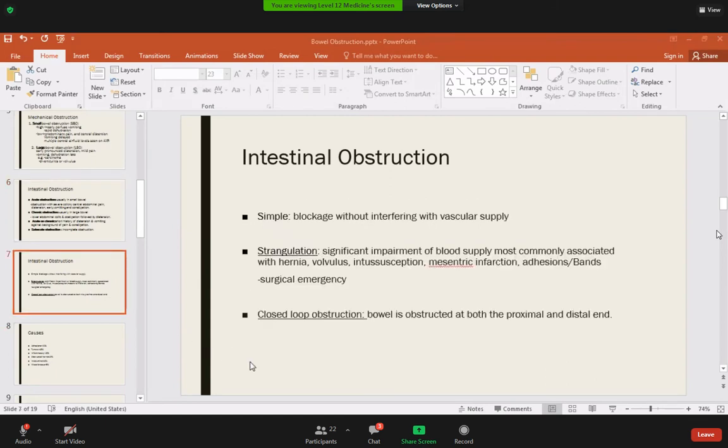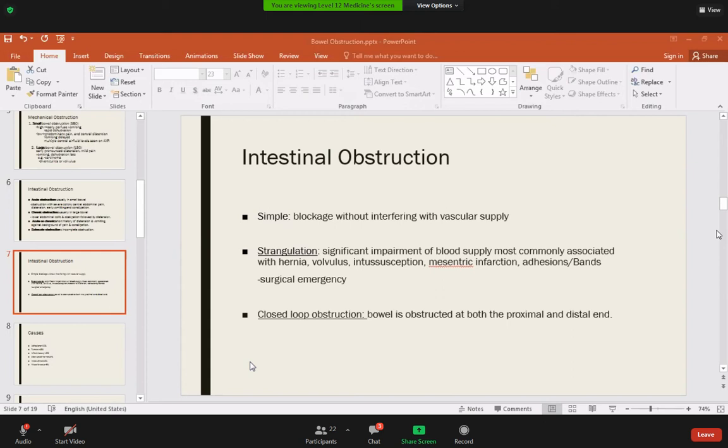If we talk about the pathophysiological classification, the obstruction can be simple, or it can be strangulated, or there is another element which is called closed loop obstruction. Simple obstruction means that there is blockage, but it is not interfering with the blood supply.